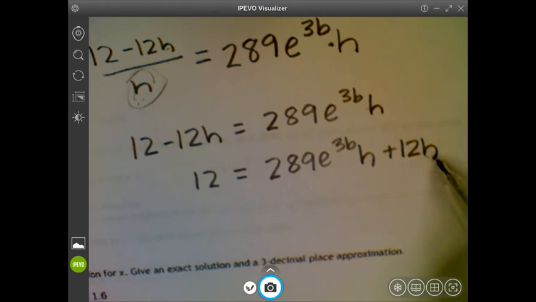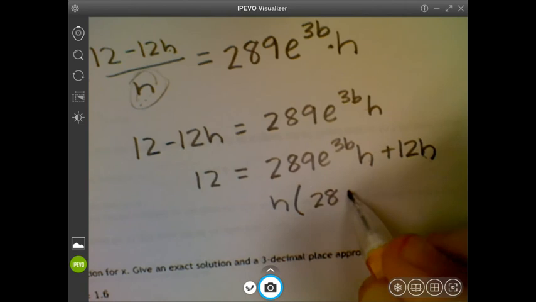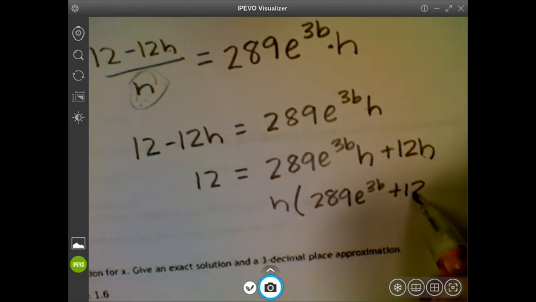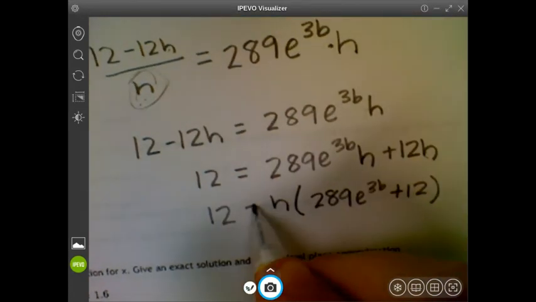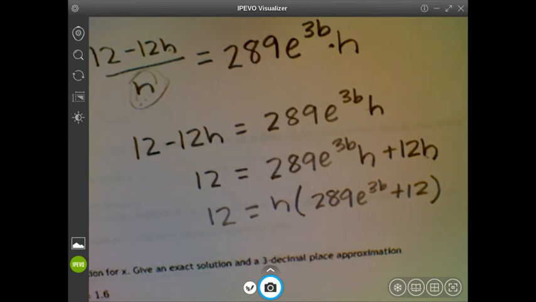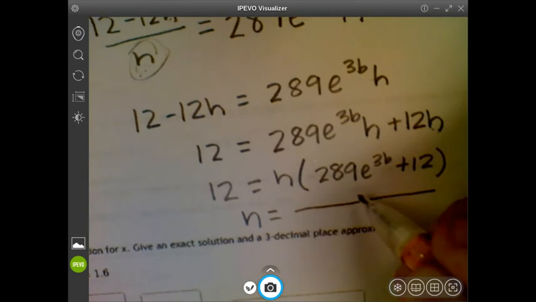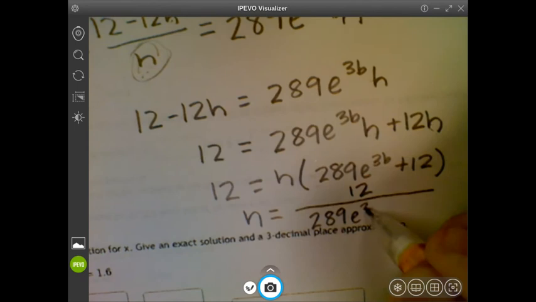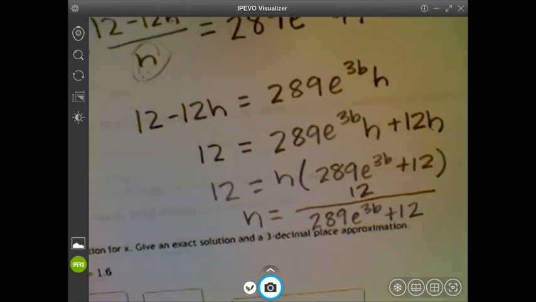So what we can do now is we can go ahead and factor out the h, so that instead of having two of them being added, we have one in the front being multiplied by a term. And so that's kind of the trick there, to take multiple h's and turn it into just one h. And then last but not least, you're just going to do the division. So there'll be a 12 on the top, 289 e to the 3b plus 12.